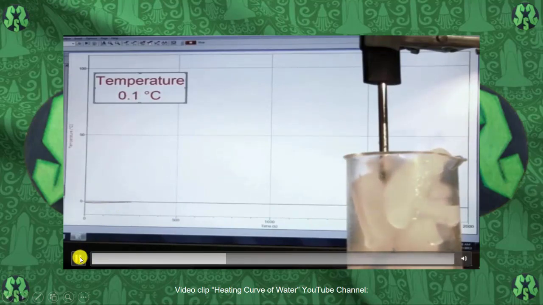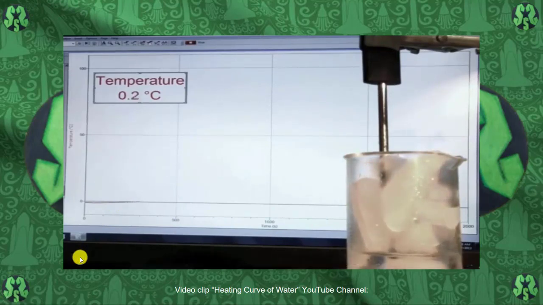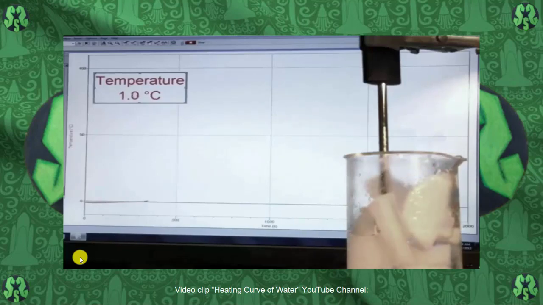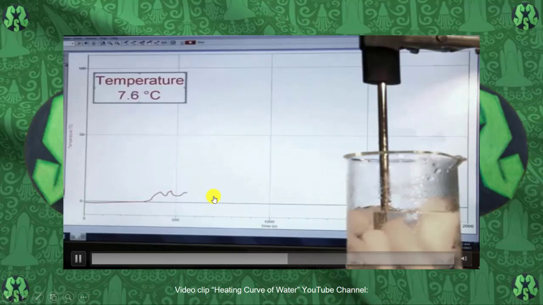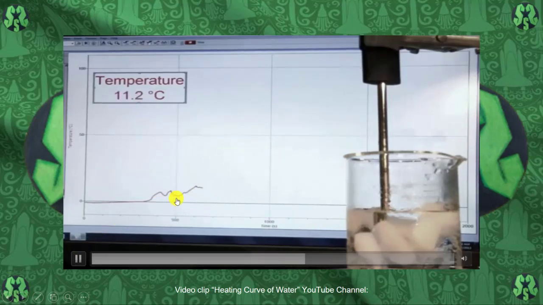Now at this point, we get a little bit of an increase in temperature. However, that's not meaning a whole lot. It's still relatively flat. It's still relatively hitting that plateau right here. Still kind of creeping up. You see there's still liquid water. There's still solid water. That's kind of the key.